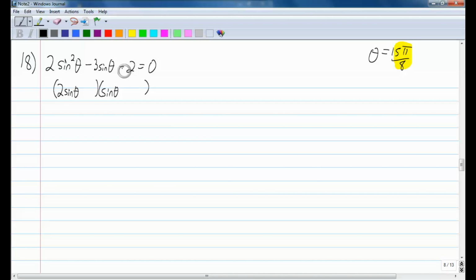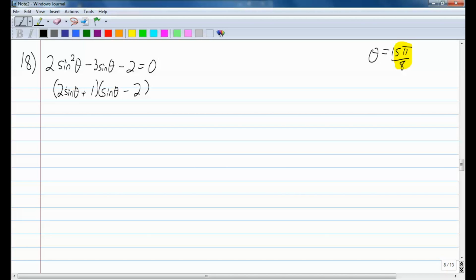Now the numbers we want to put in here need to come from negative 2. We need to be careful because when we multiply it out, we want to get a negative 3 in the middle. So this is going to be minus 2 here, plus 1 here, and let's check.